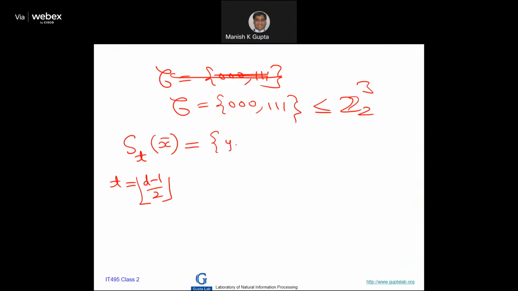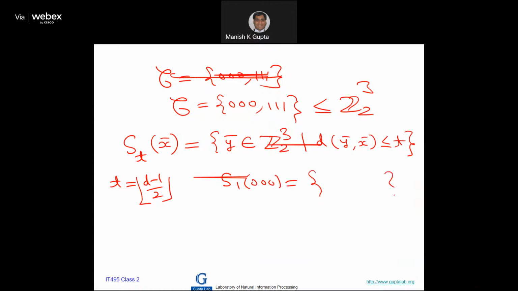So it is all those vectors y such that the distance between y and x does not exceed t. Now d is 3 here, so t is 1. What is S_1(0 0 0)? Just tell me. And the other one, S_1(1 1 1), will be what?